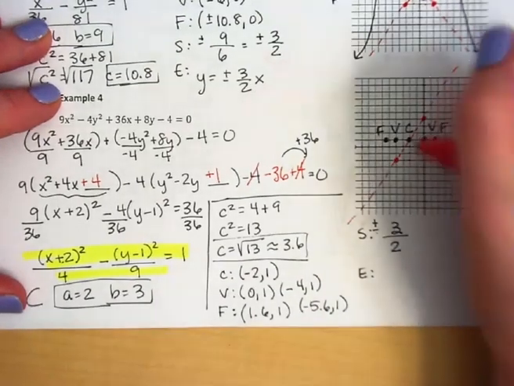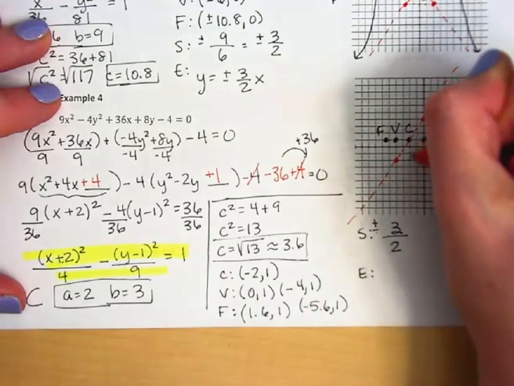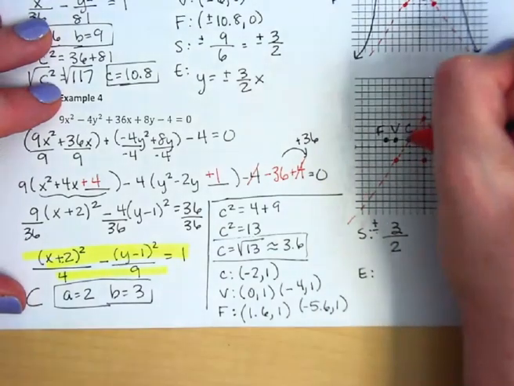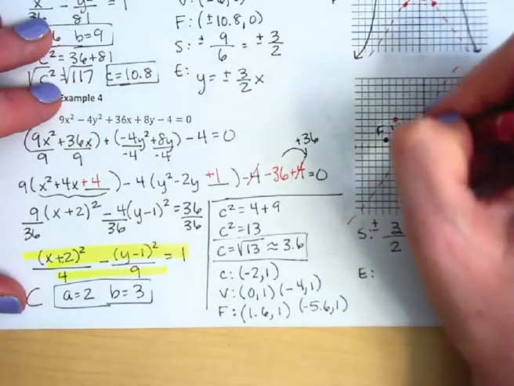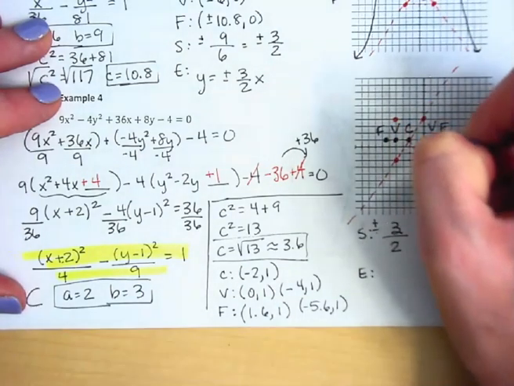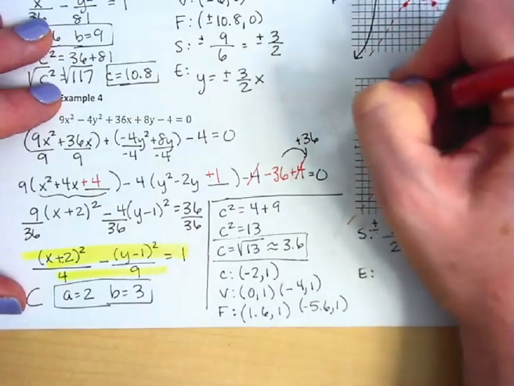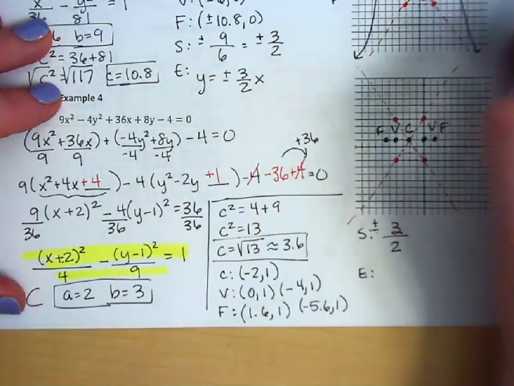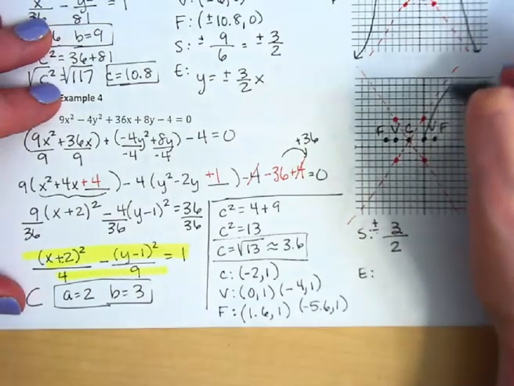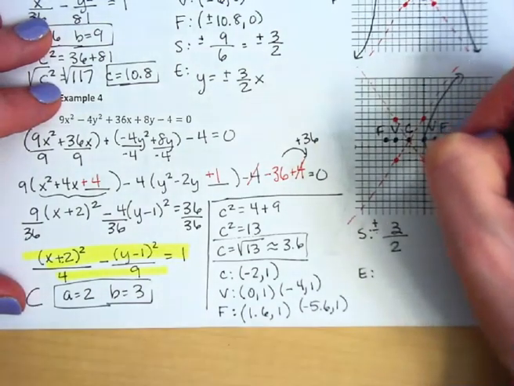So starting at my center, I'm going to go down 3, right 2, back to my center, I'm going to go up 3, left 2. And then graphing my hyperbola shape, starting at the vertex and going out towards the asymptotes.